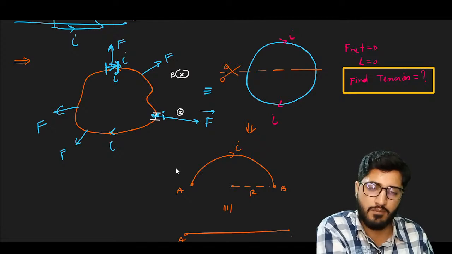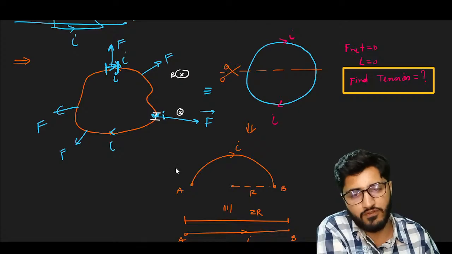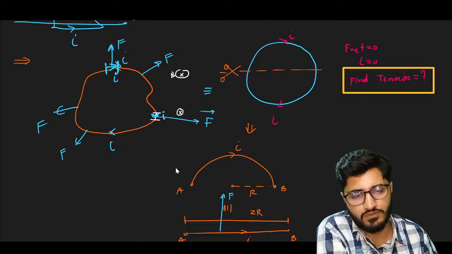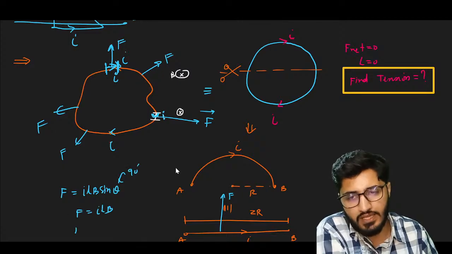If it is A, B, this length is 2R. Done? So on this one, my force is upwards. So what is force? Force is equal to ILB sin theta. Theta is 90 degrees, so I can write F equals ILB only. L is 2R, so F equals 2RBI.